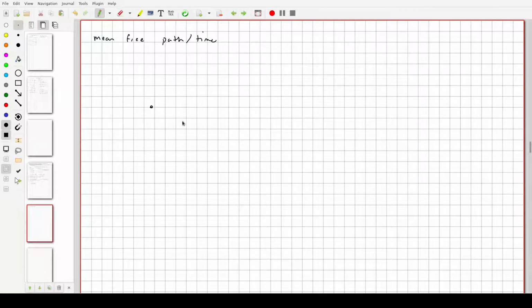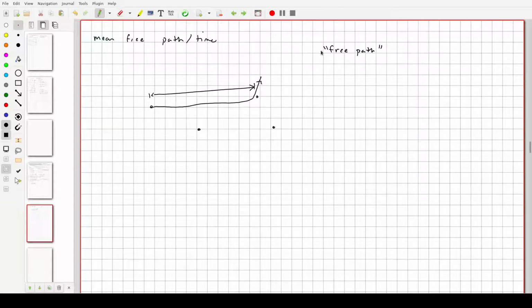So if you're letting these things collide, as this thing goes through and hits a neighbor and has its path deflected like this, there is an average distance in your gas that a particle would have to travel to hit a neighbor. So that distance is called the free path.